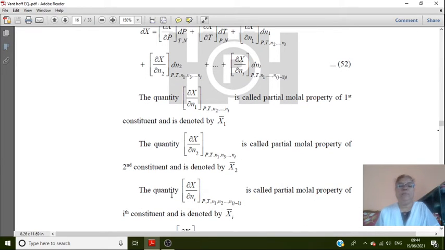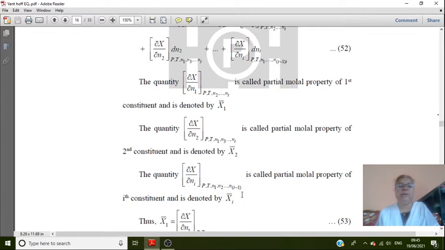The partial molar property of the ith constituent we can represent as ∂X/∂ni at constant pressure, temperature, n1, n2, up to n of i minus 1 constituent, and it is represented as Xi bar.